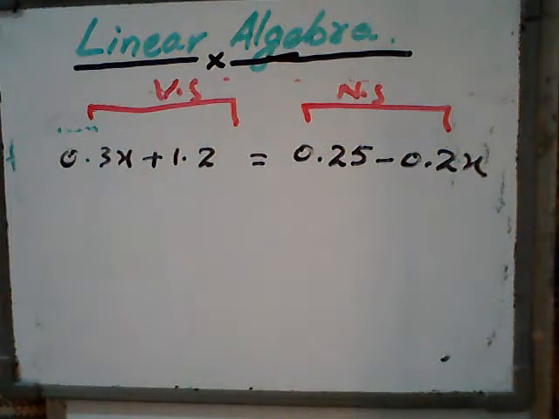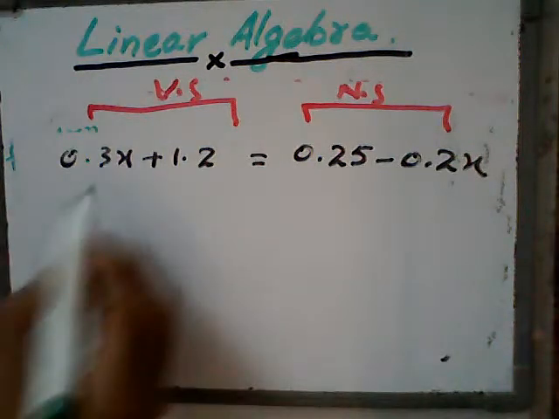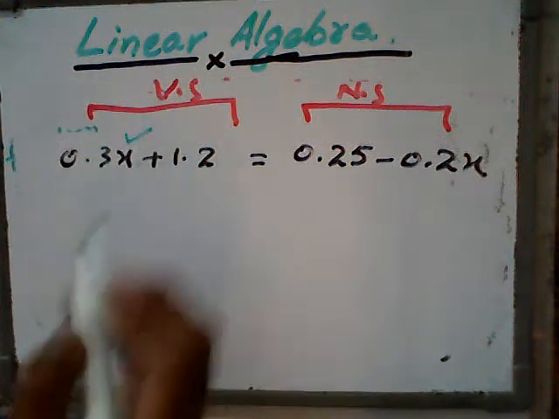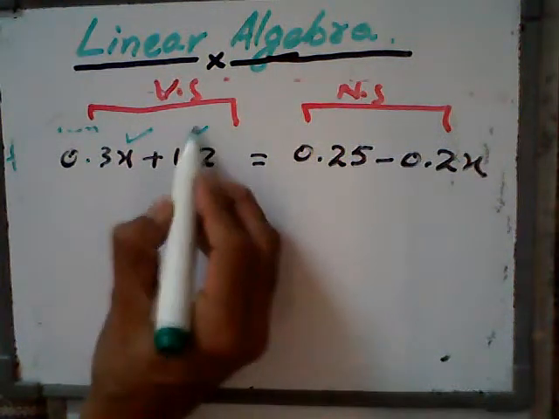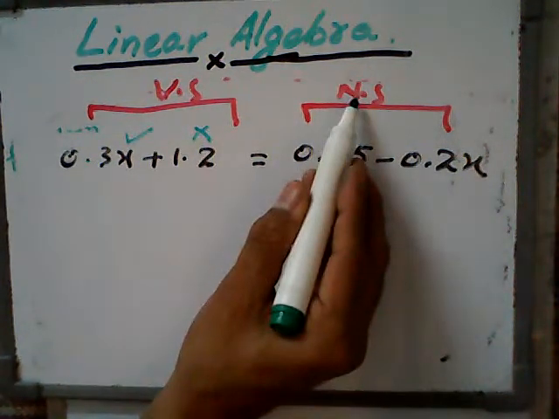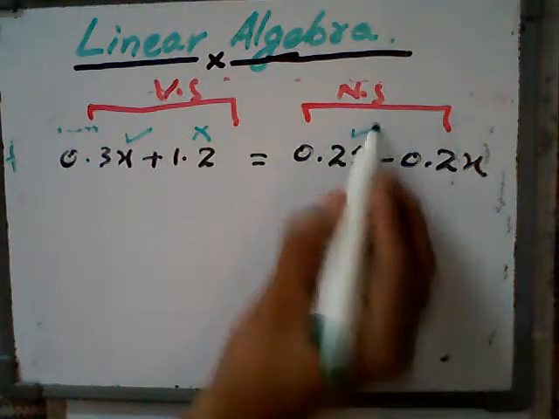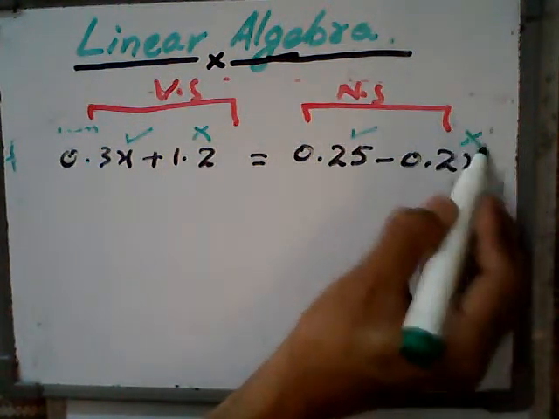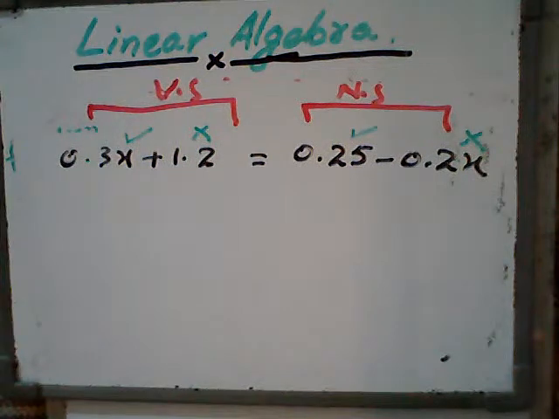Now in this question, we can see there are some variables on the variable side in the right place, and a number in the wrong place. On the number side, the number is in the right place and the variable in the wrong place. So we'll be solving the number first. Okay.